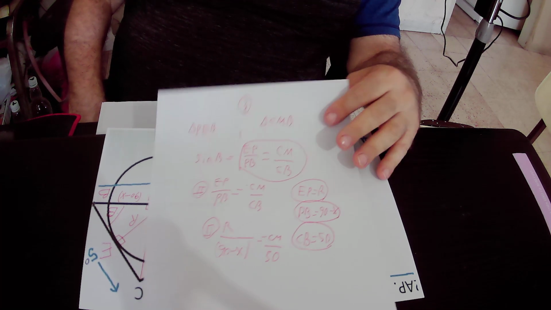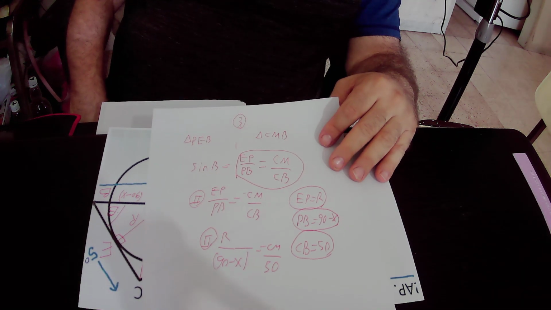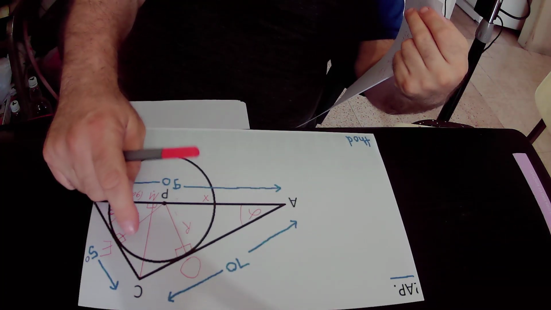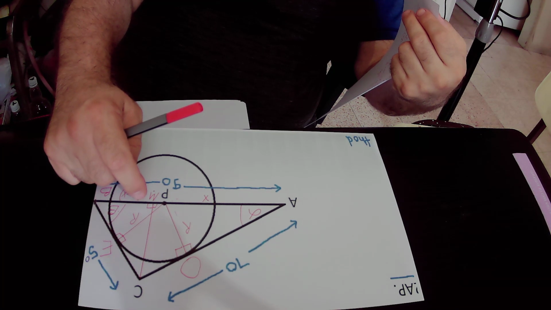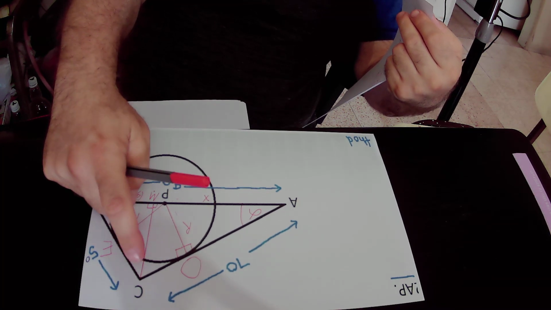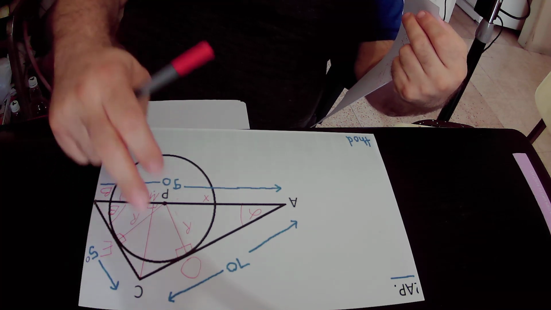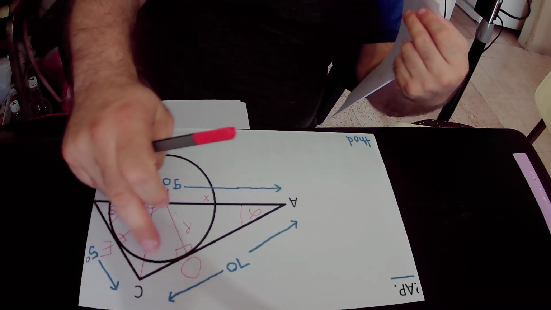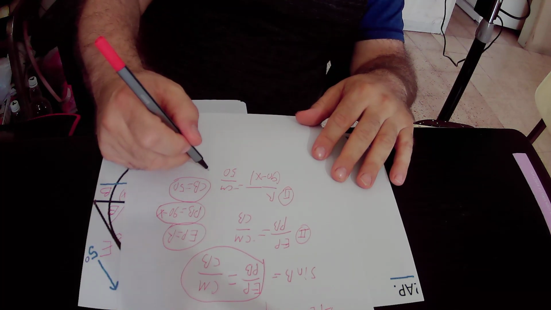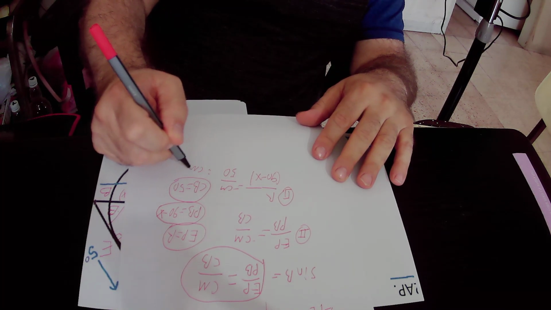In the next step, we'll divide both sides of the equation by CM. I've already explained that it is allowable to divide both sides of the equation by CM because CM can never be 0. CM is the perpendicular to side AB of the triangle, so it must be a positive number. So we will divide both sides of the equation by CM.